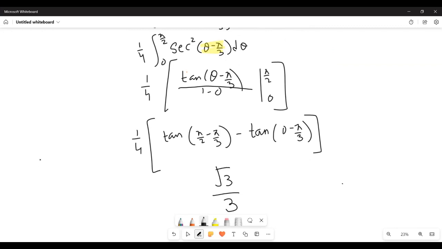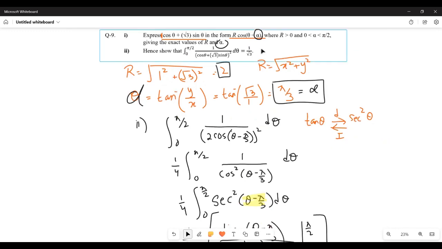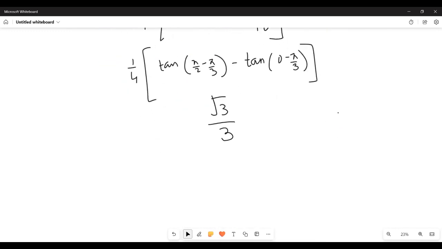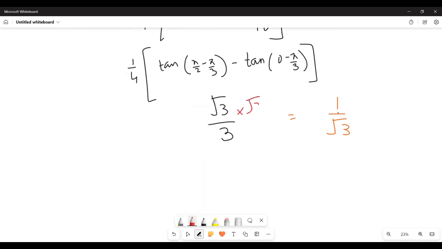Did we have to give the answer in exact form? Hence, yes, we have to show it in the form 1 upon square root of 3. The calculator gives you this value, square root of 3 upon 3, which is the same as 1 upon square root of 3. They're exactly the same thing. How? You can multiply this with square root of 3 and this with square root of 3.